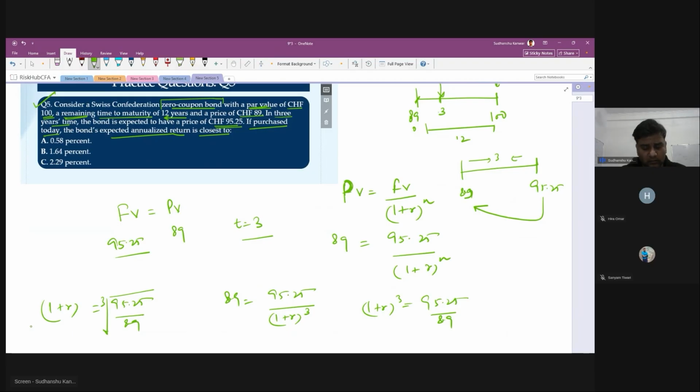Maybe I'll try it again. 95.25 divided by 89, and then raised to power 0.33. I'm getting 2.2649.